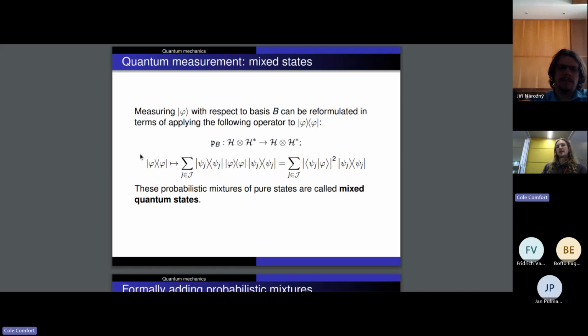So if you take your pure state phi here, which I've represented by taking the outer product with itself, then it maps this to the sum where you conjugate by the projectors onto all the basis elements on both sides. And then by just moving things around, you get that. Now you have a sum of all of the different basis elements where the coefficient is given by the probability of measuring them. And these probabilistic measures of pure quantum states are called mixed states.